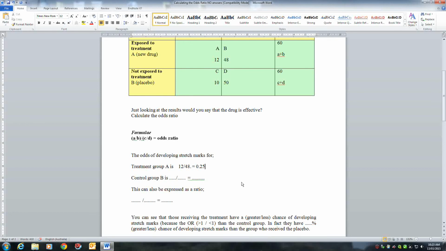Now the control event rate, or C divided by D, which is 10 divided by 50, goes in here. We have 10, and we're dividing that by 50, and that works out to be 0.2.